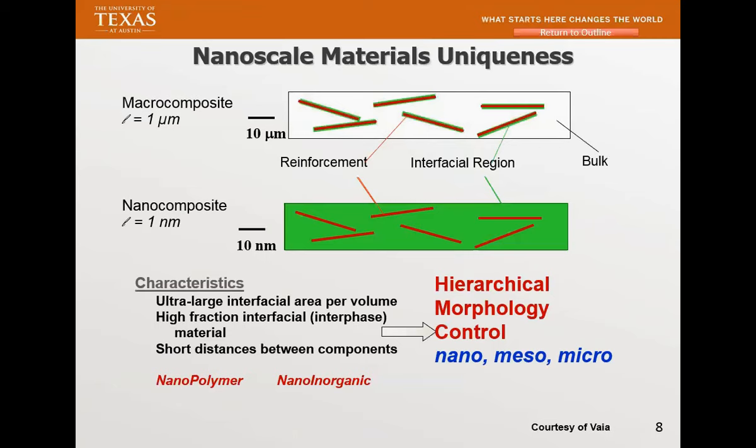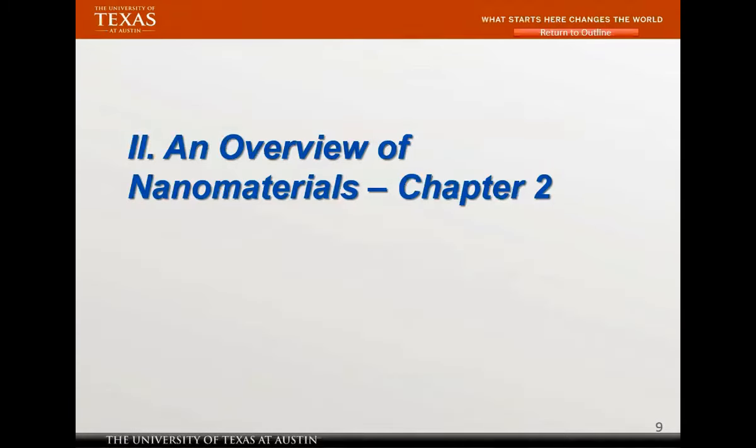So the interaction between the polymer chains is even closer. So what is it going to bring you? Ultra large interface area per volume. You don't see that in macro composite, you see it in nanocomposite. So you have very, very short distances between the two components. That makes it very different. Okay, so that's what I talk about in chapter 1.